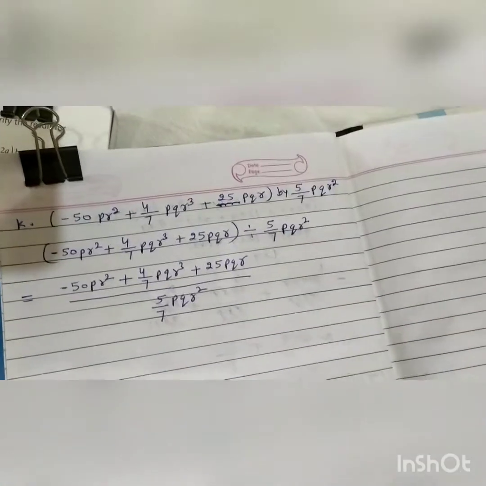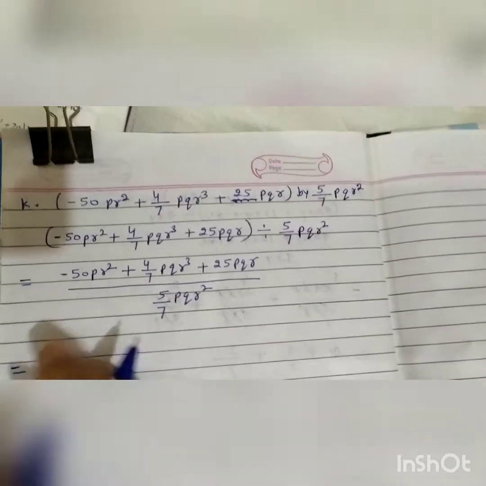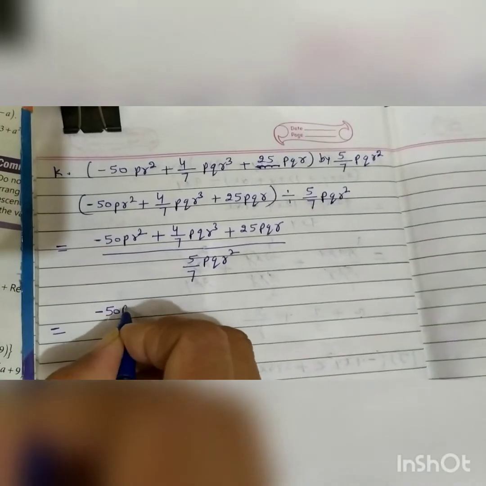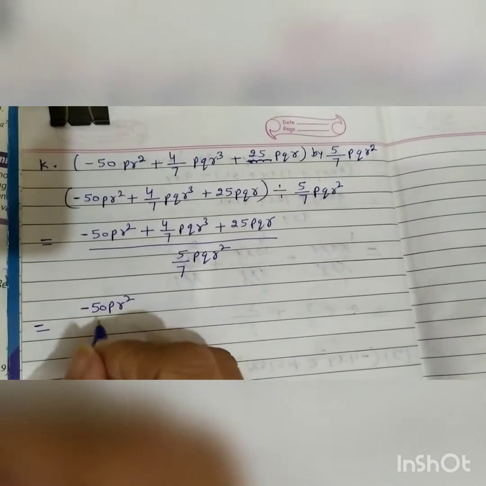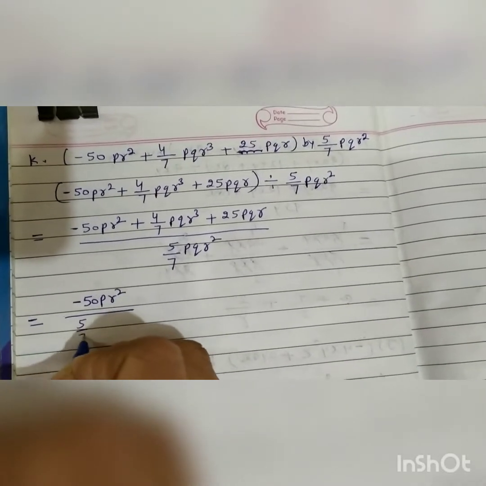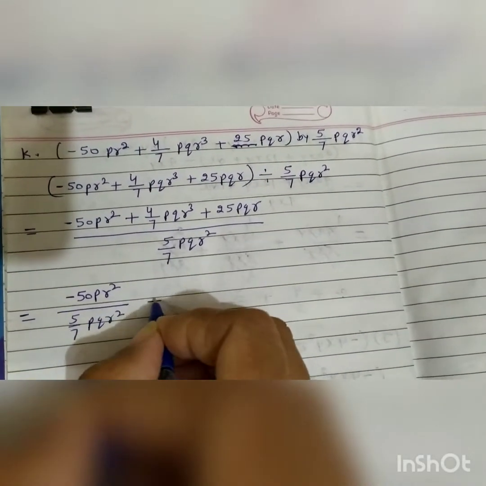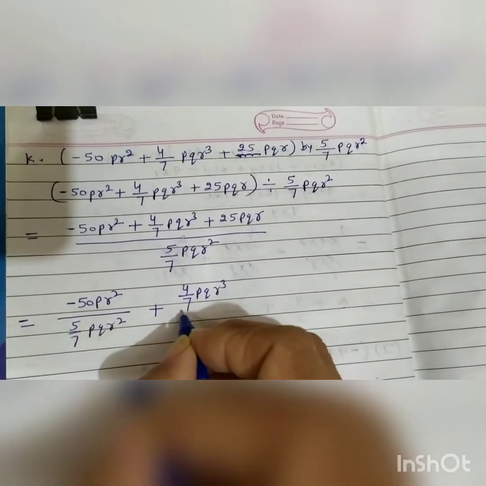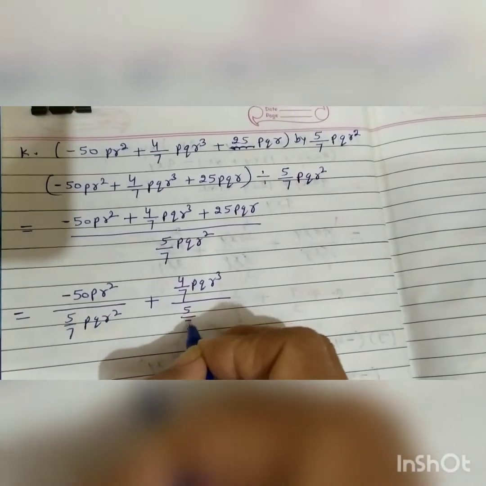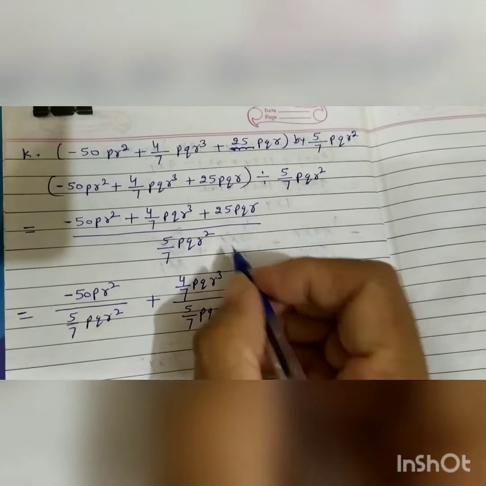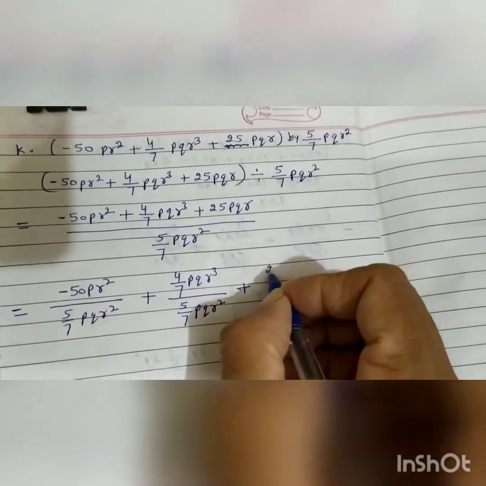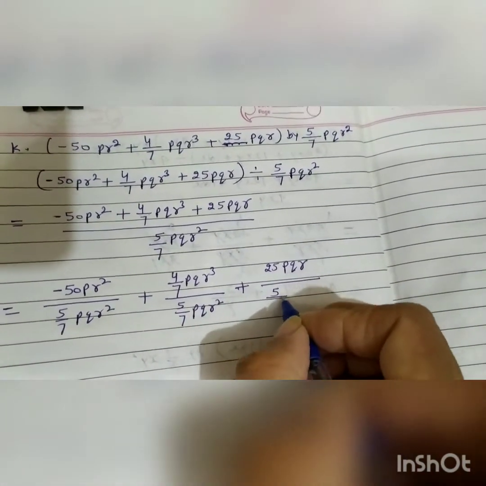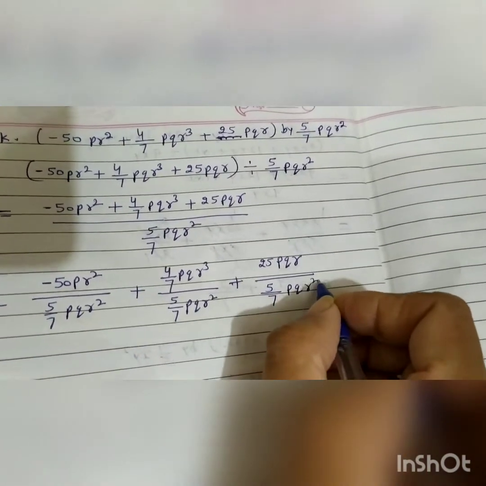PQR square. Now write all three terms separately or individually. Minus 50 PR square upon 5/7 PQR square plus 4/7 PQR cube upon 5/7 PQR square. Then this plus 25 PQR upon 5/7 PQR square.